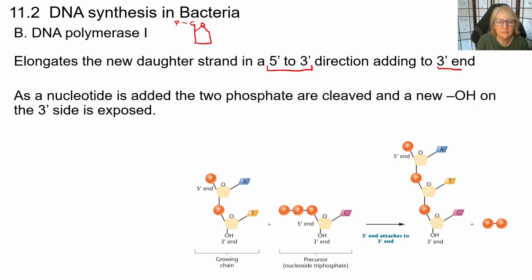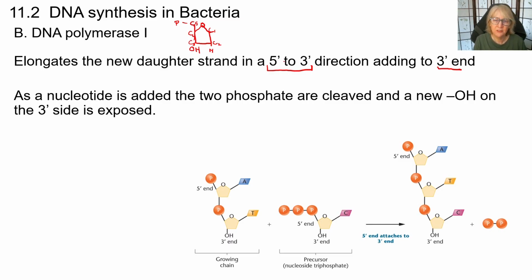I'm drawing the DNA sugar right here. So this is a deoxyribose. The deoxyribose sugar here is a 5 carbon sugar, and it has 1, 2, 3, 4, 5 carbons. This is carbon 1, carbon 2, carbon 3, carbon 4, and carbon 5.